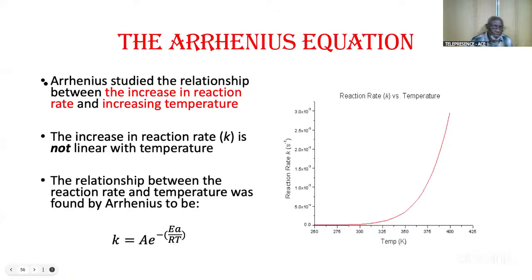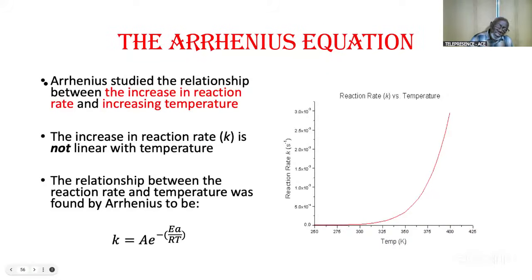Now, the Arrhenius equation. I told you it was a Swedish man, Arrhenius, who was able to show that there must be a minimum energy. He was able to calculate it and found that it is the activation energy. Arrhenius studied the relationship between increasing the reaction rate and increasing temperature.